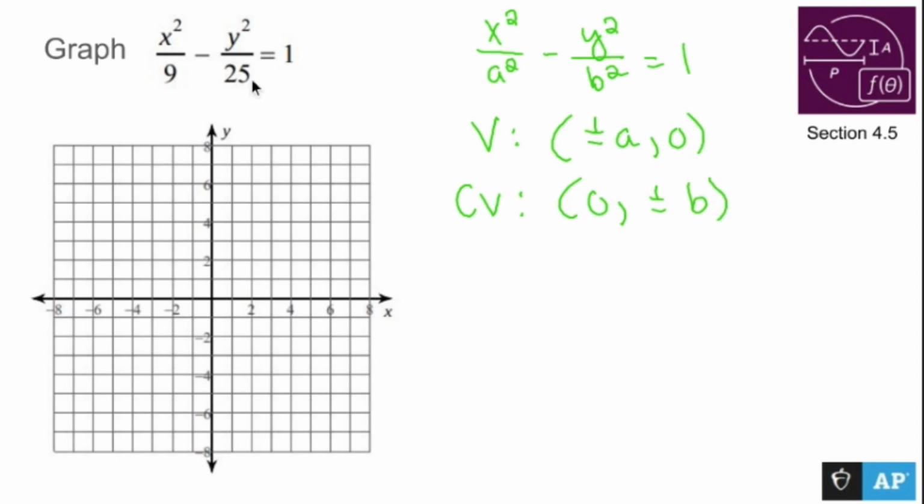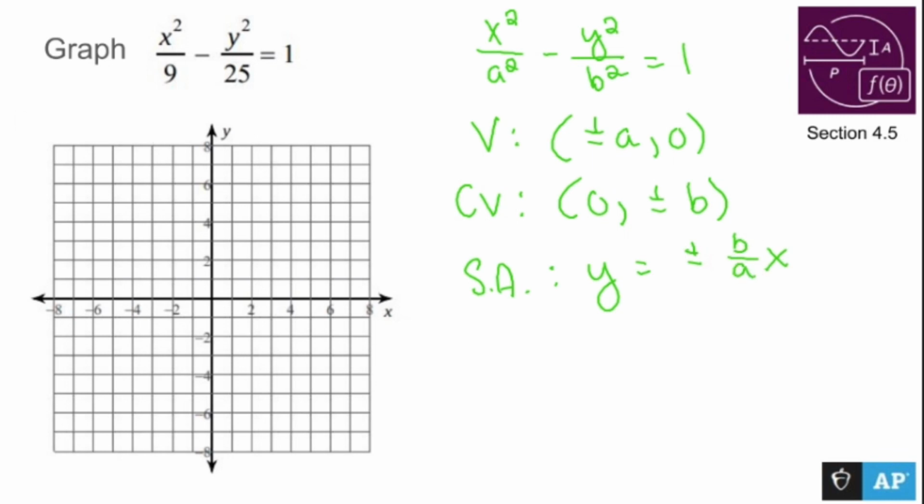We're not going to worry about foci when graphing these things. I'm not going to lose any sleep over it, but what I am going to do is write out the slant asymptotes, which is found by using the equation y equals plus or minus b over a x.